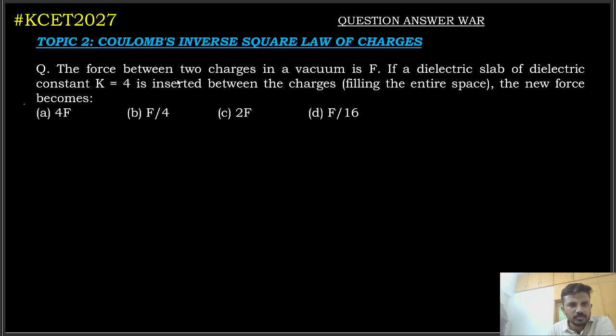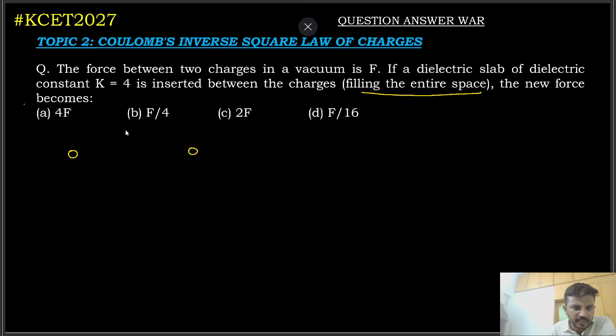Next. The force between two charges in vacuum is F. If a dielectric slab of dielectric constant K is inserted between the charges, filling the entire space, the new force between them is. So I will give you one shortcut formula here.